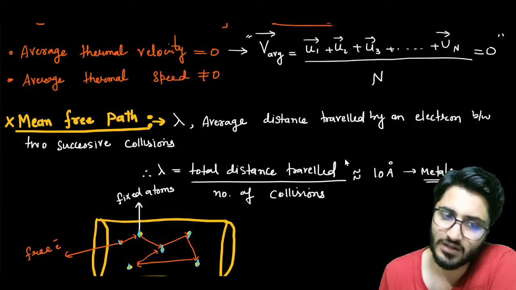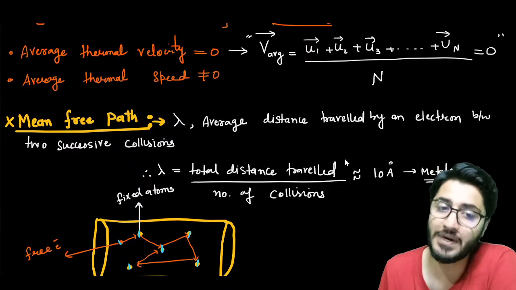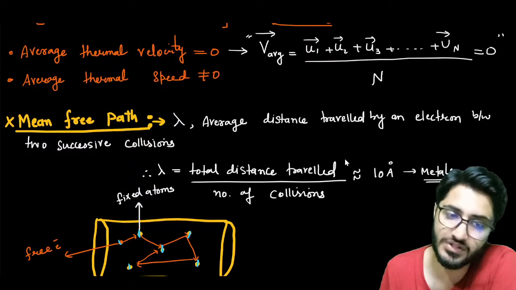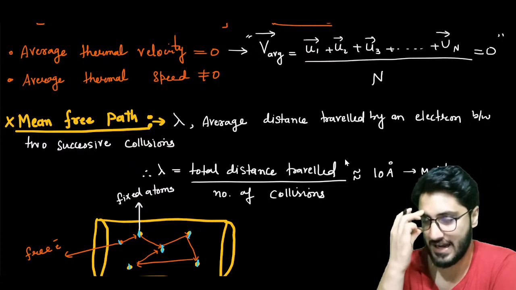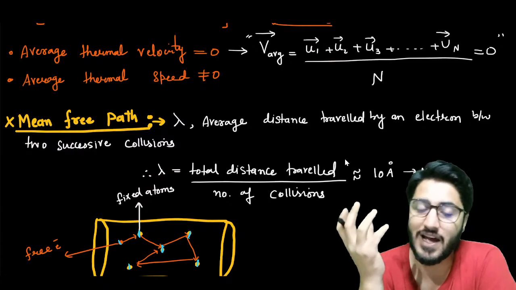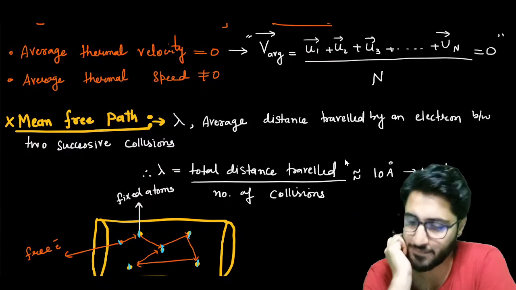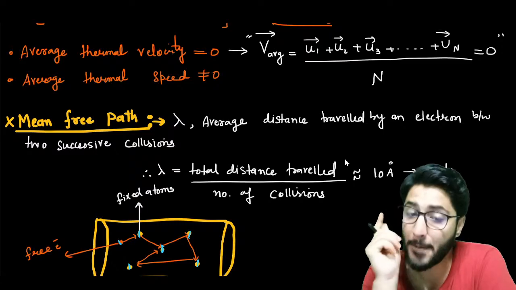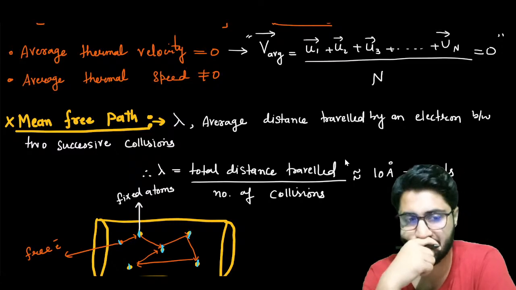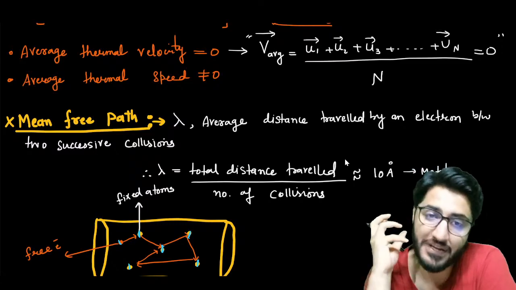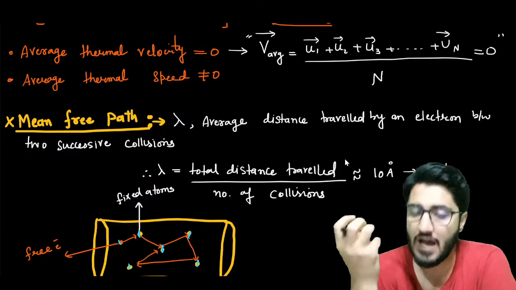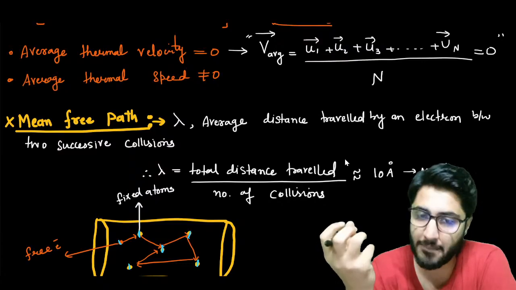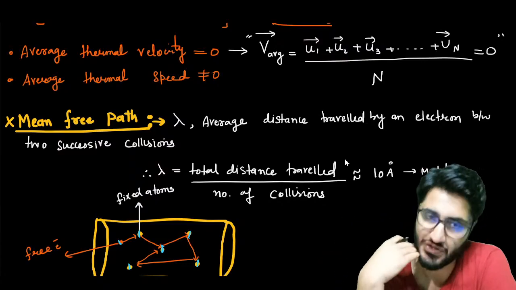Okay. The whole distance divided by the number of collisions. It is one collision, two, three, four, five. And the value that we will get now, the average value, it is the mean free path. I am giving a very basic definition here. What is mean free path? Average distance traveled by an atom between two successive collisions.